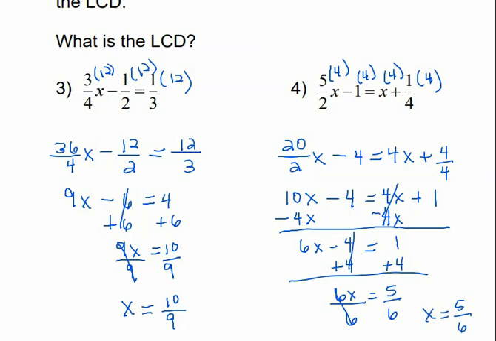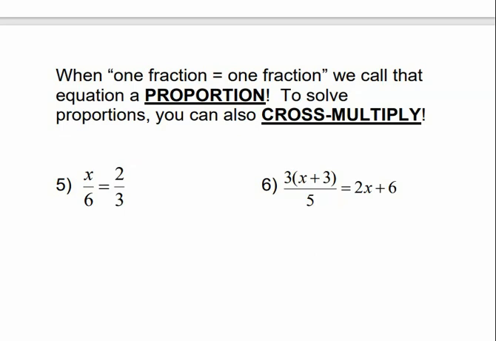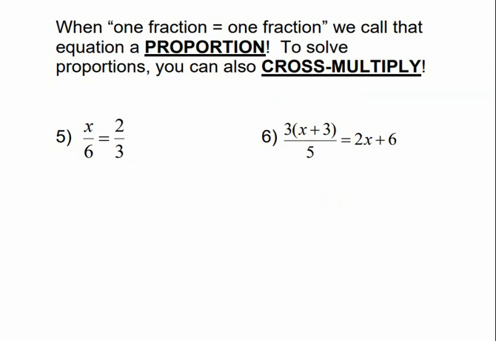All right, so let's look at another example. These are linear equations that have fractions, but if you'll notice, this is a single fraction equals a single fraction. And when we have one fraction equals one fraction, we call that a proportion.